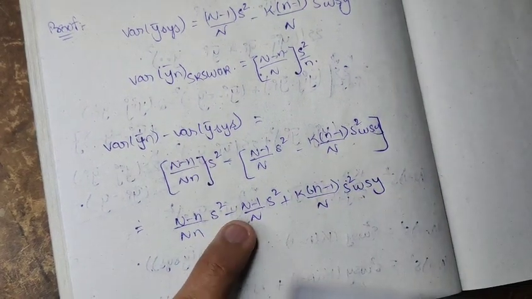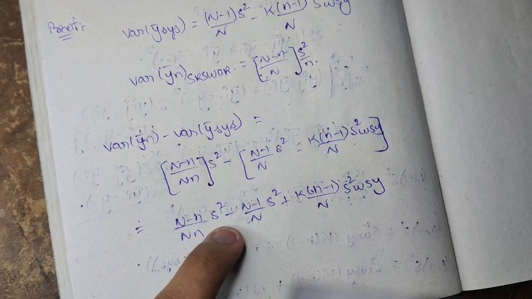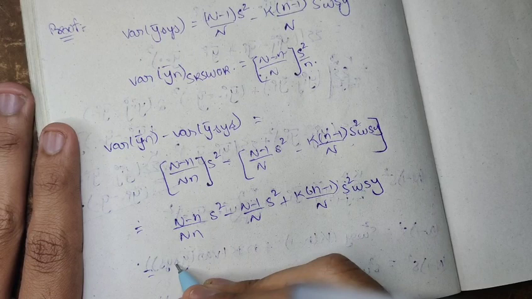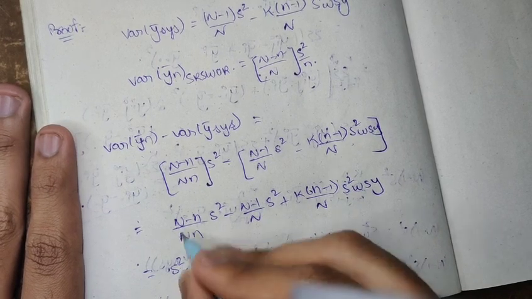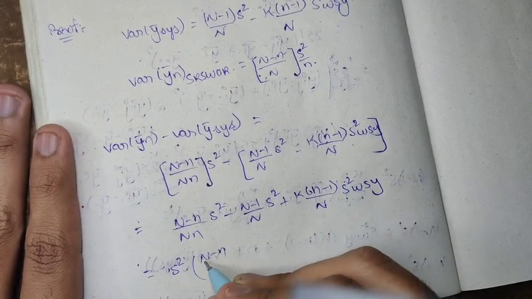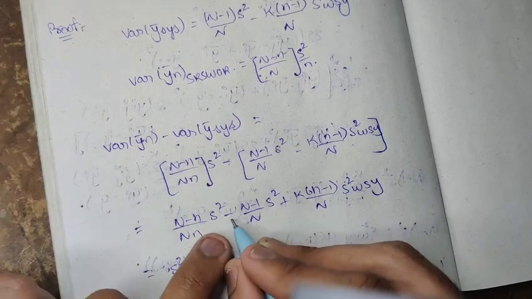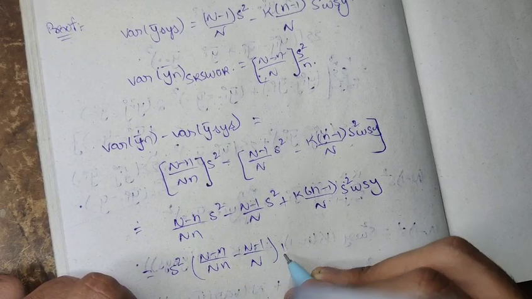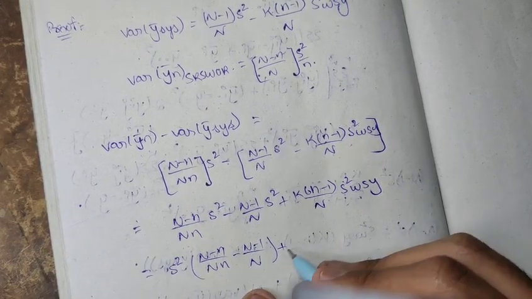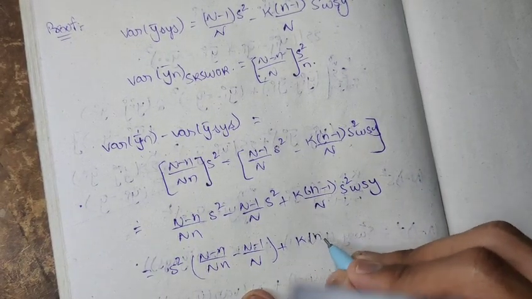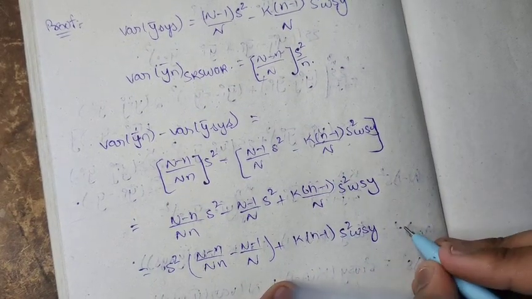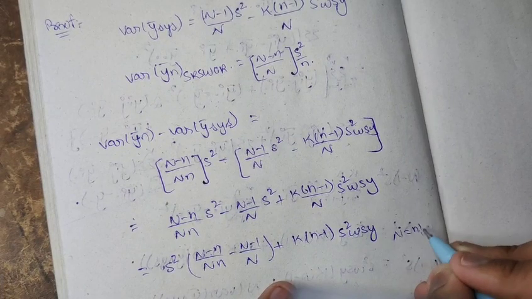Now in both these terms we can see that s square is common. We can take s square as a common term, and we already know that capital N is equal to nk.